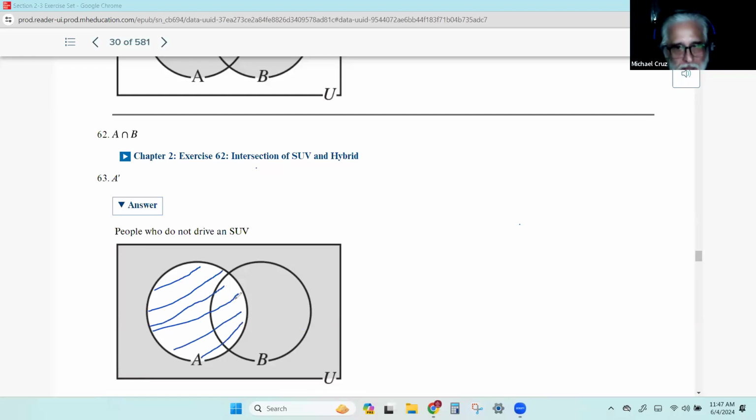Okay, there's A, the blue shaded part. Everything else, the gray shaded part, is the complement. And just realize that when you take a set and its complement, you have no overlap. See, it's either shaded blue or it's shaded gray. That's the nature of a complement.